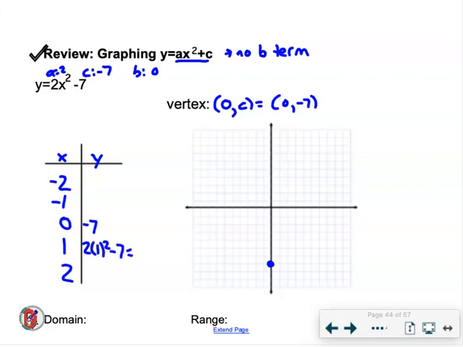That's 2 minus 7, which is -5. So this would also be -5 at -1. So I'm here and here. At 2, we're plugging in 2 times 2 squared minus 7. That's 4 times 2, which is 8. 8 minus 7 is +1. So at 2 and -2, we are at +1.